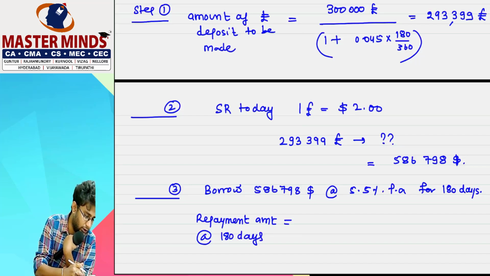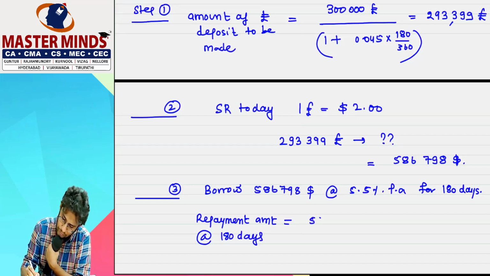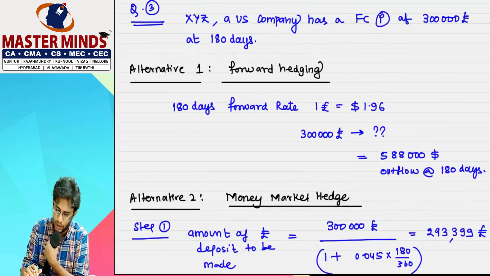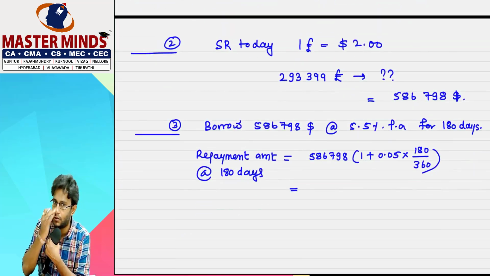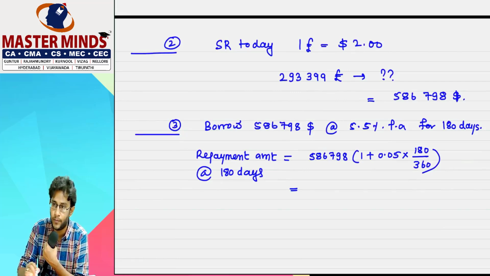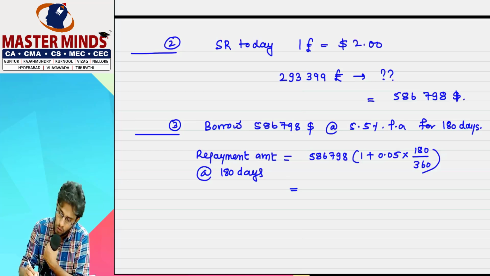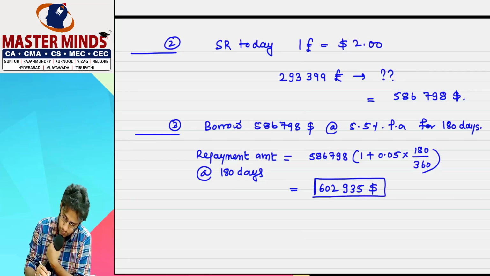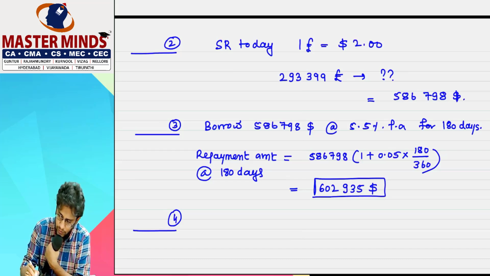Repayment amount at 180 days should be equal to this, which will be your ultimate answer. $602 dollars. So this will be your outflow ultimately at 180 days.